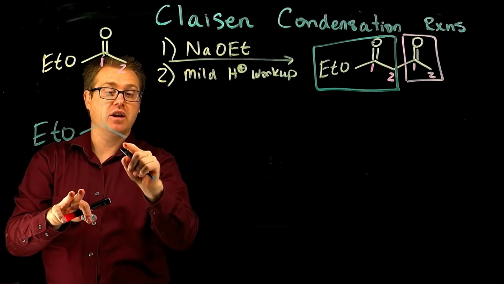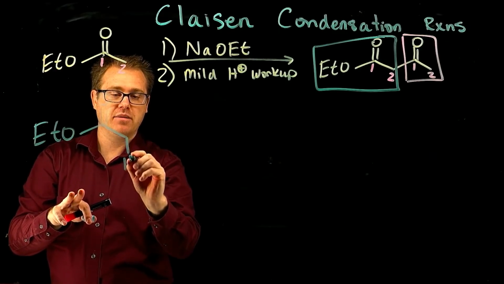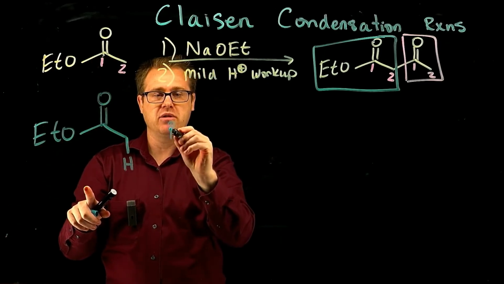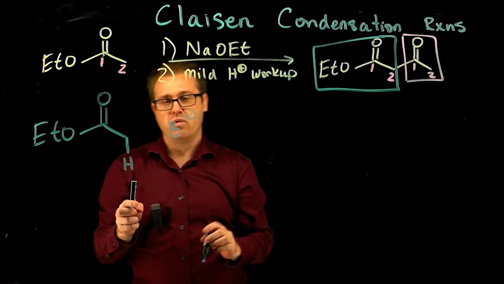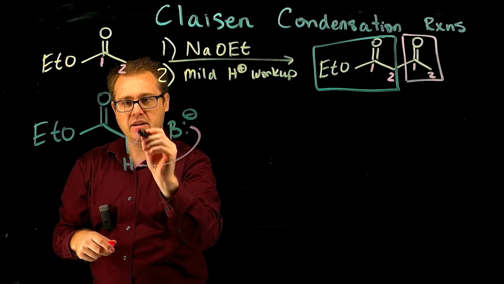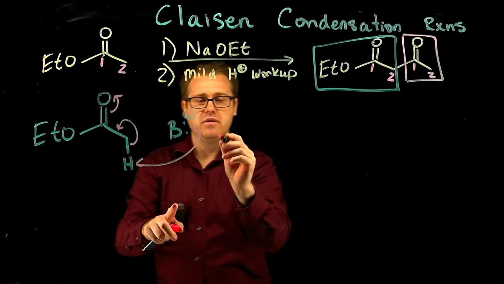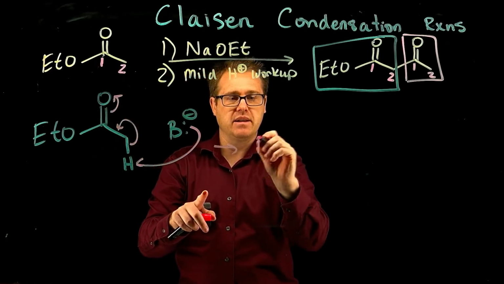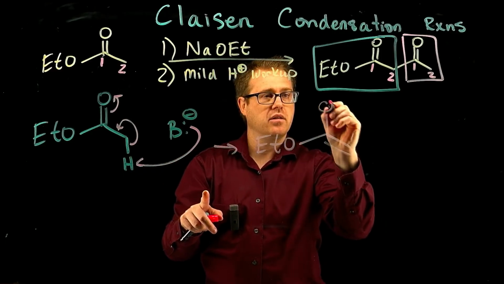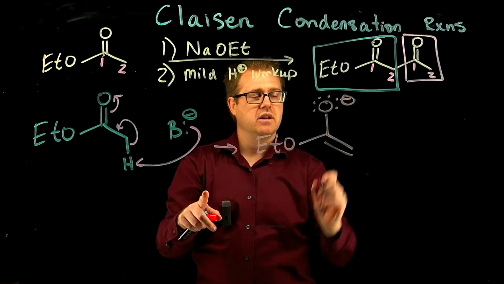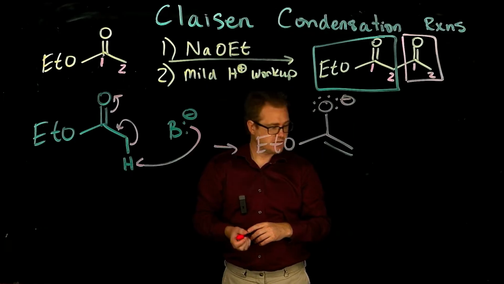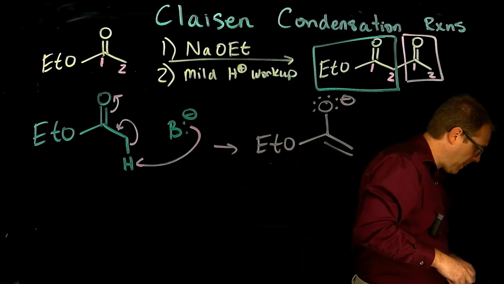We have an alpha carbon. And the alpha carbon has alpha hydrogens. So this base right here, which I'm just going to represent with a B, what's the first step? That base is going to come and give us something that looks like this. Do you see how that looks so much like an enolate? Okay.